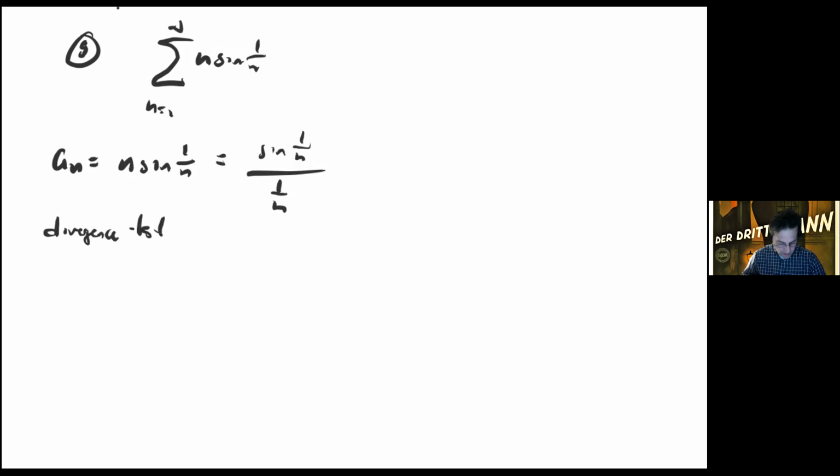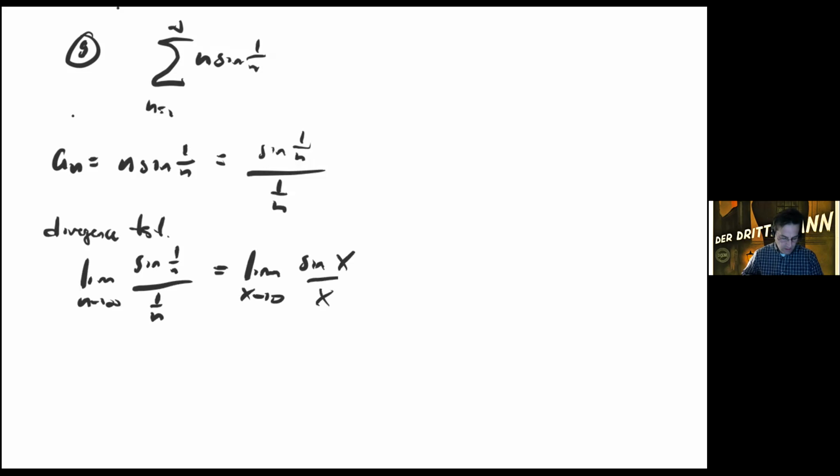Maybe it'll work. So what's the limit as n goes to infinity of sine 1 over n divided by 1 over n? So I claim that's the same thing as the limit as x goes to 0 of sine x over x. That's clear, because as n goes to infinity, 1 over n goes to 0. So I'm replacing the 1 over n by an x and letting x go to 0.